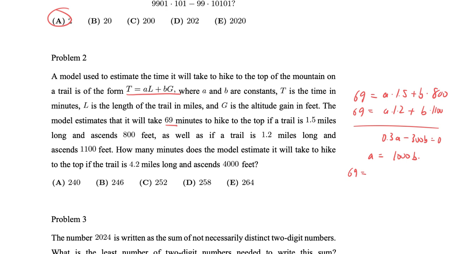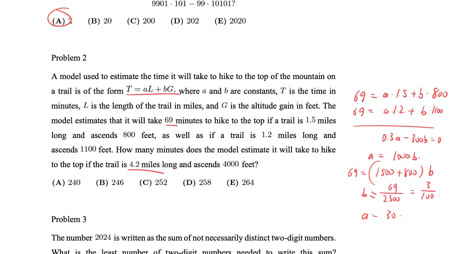So 69 is equal to 1,500b plus 800b, and so b is equal to 69 over 2.3k, and that is equal to 3 over 100. This is b, and so a is equal to 1,000 times this, so it's 30.